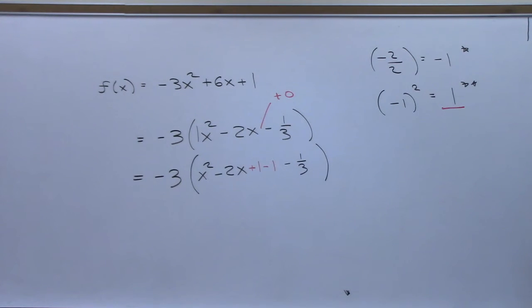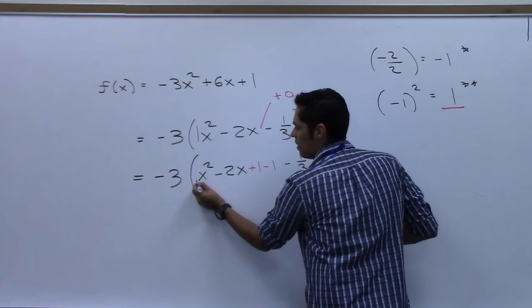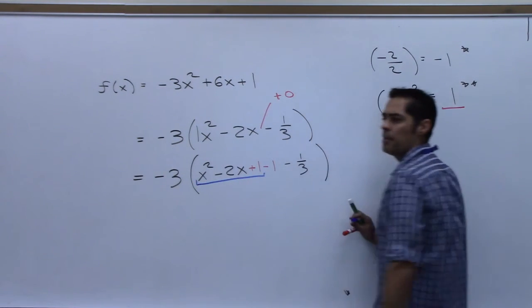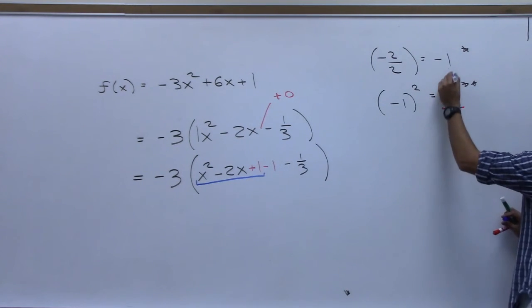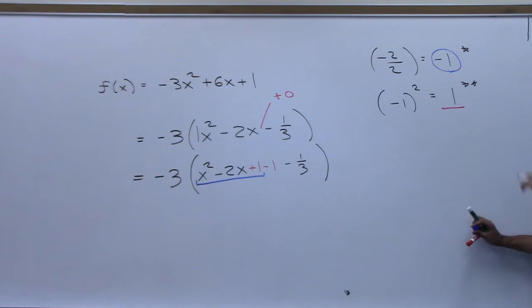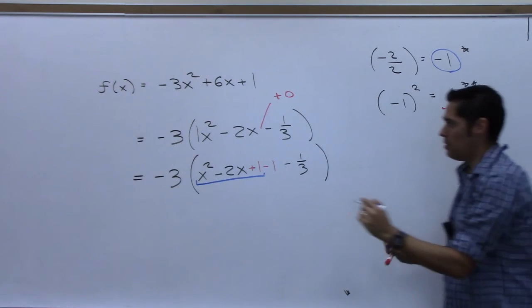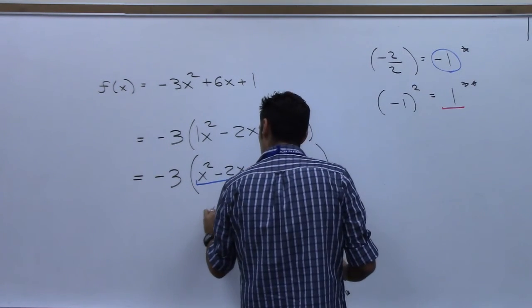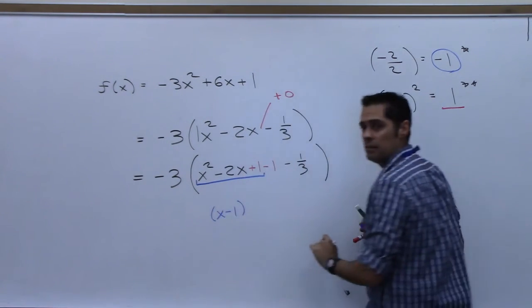Now, I had more markers, other colors. I'm guaranteed that the first 3 terms are going to be a perfect square trinomial, right? This right here, these 3 are going to be a perfect square trinomial. And this is the number that's going to dictate what's in that parentheses. So just this in blue is x minus 1, got it?